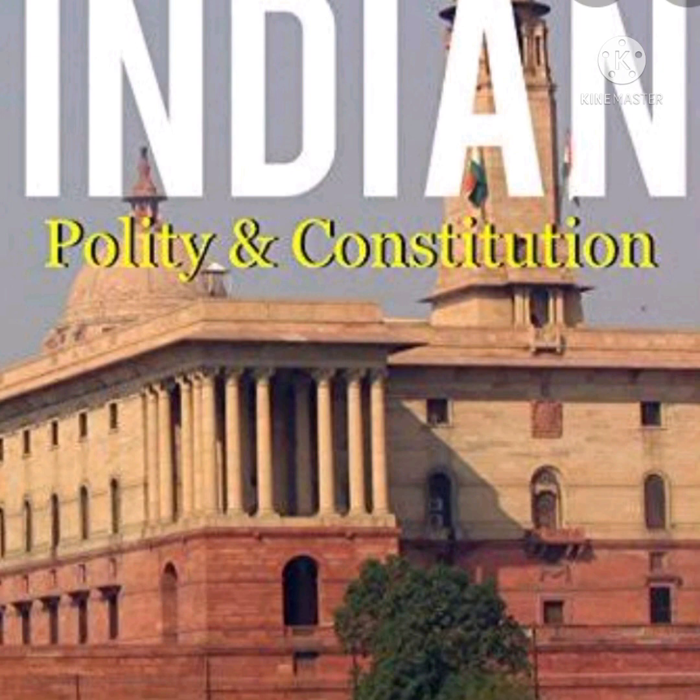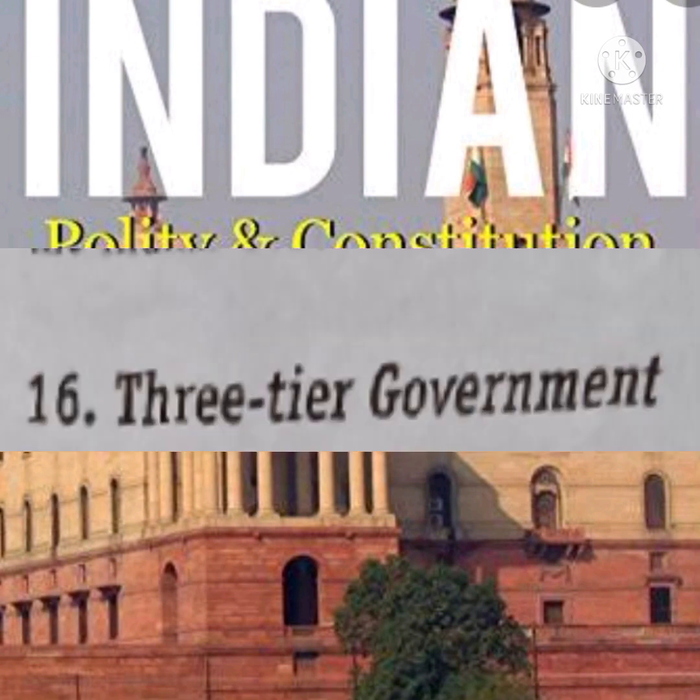The last salient feature of our constitution is that we have a three-tier government. Actually, the original constitution, like other federal constitutions, provided for a dual polity and contained provisions with regard to the organization and powers of the central and state governments only.